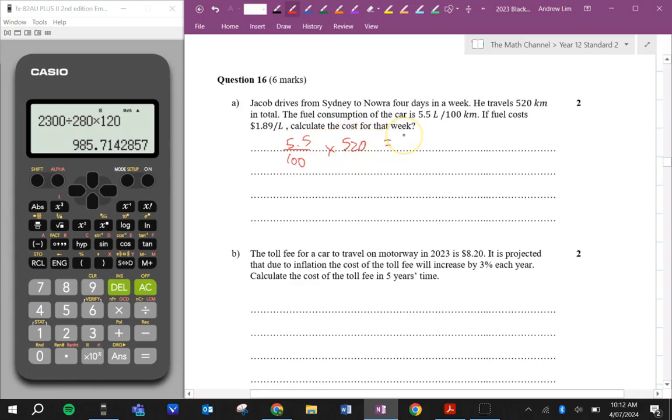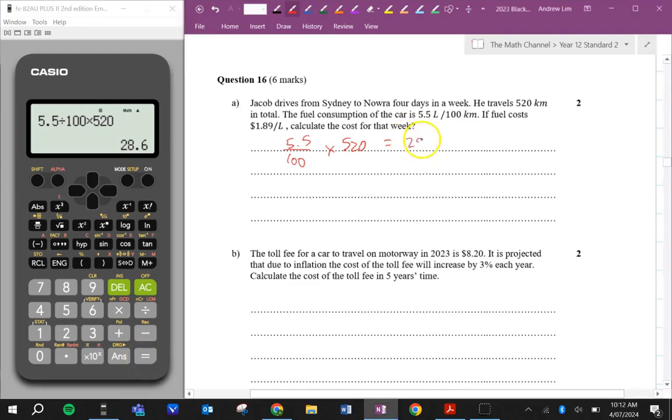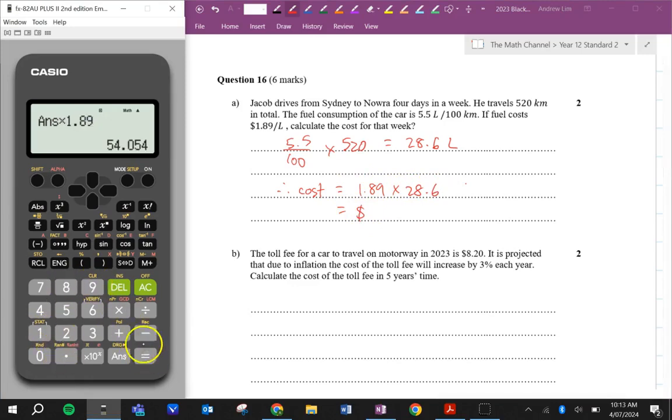That will tell us how many liters of petrol they use. 28.6 liters of petrol. So the cost will be $1.89 times 28.6. $54.05.